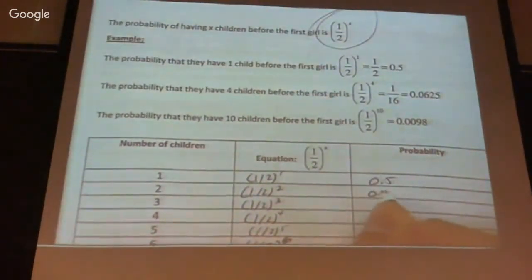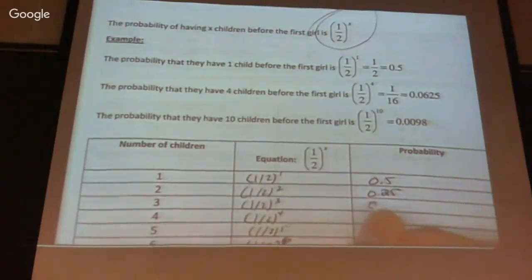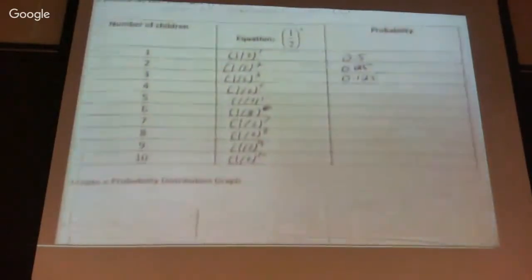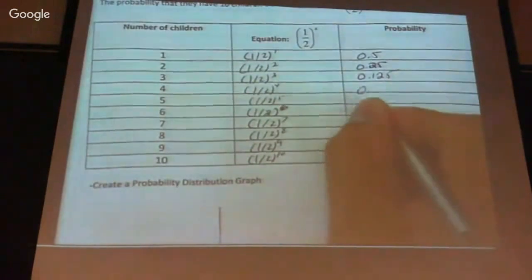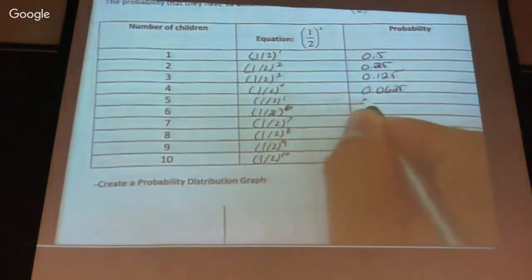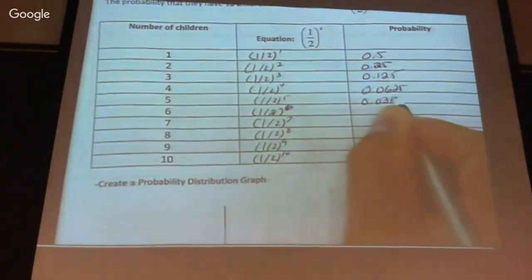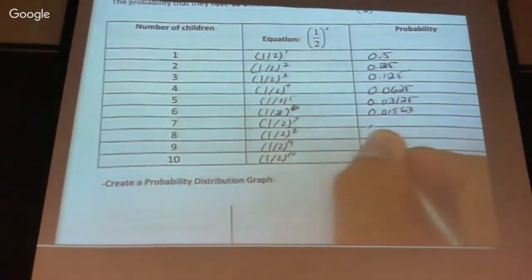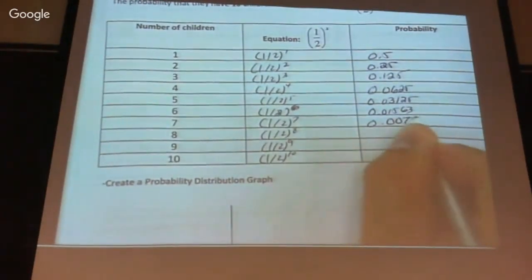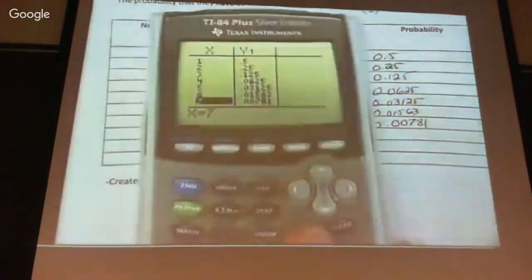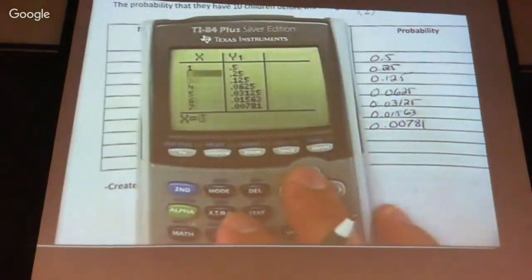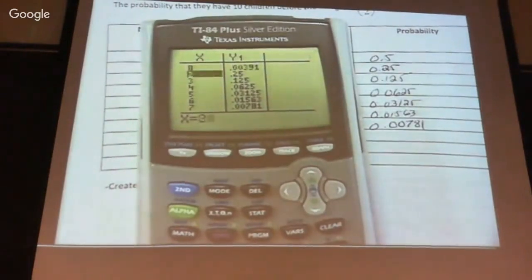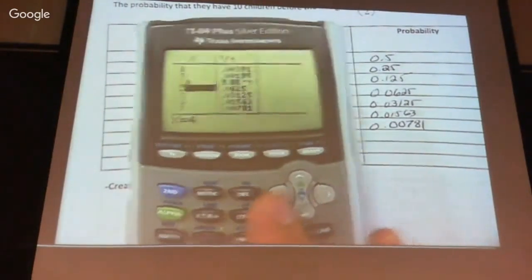I'm going to fill them up to 7. Once you get to the end, we're going to go back to the top and type in 8, 9, 10.